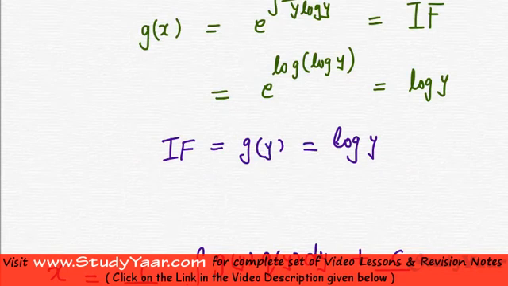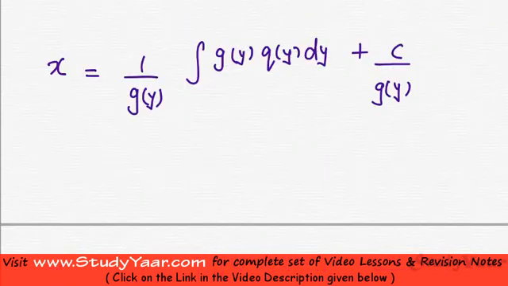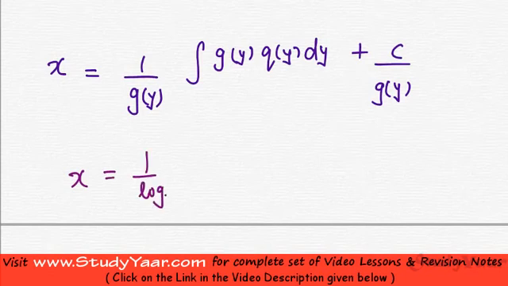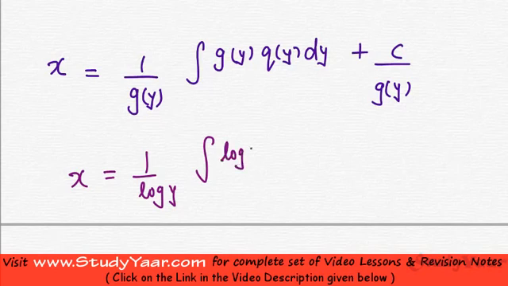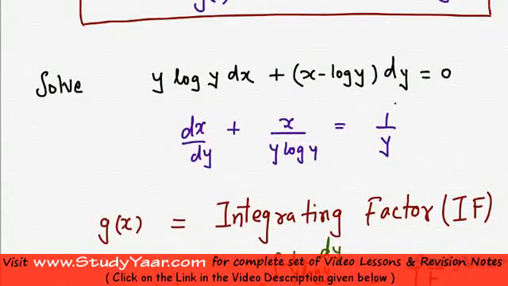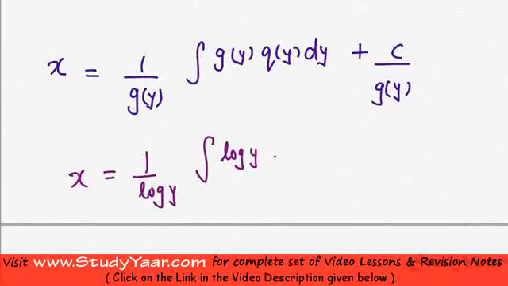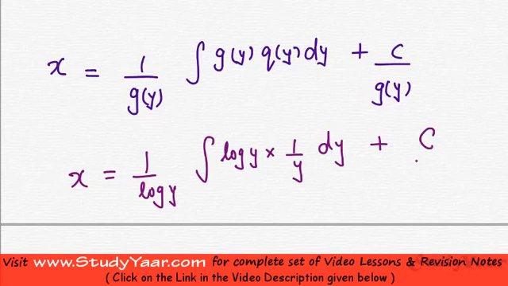So your g(y) is log y, so x is equal to 1 upon log y integral g(y), again log y, q(y). What is q(y)? q(y) is equal to 1 upon y. So log y into 1 upon y dy plus a constant of integration upon g(y), which is log y.